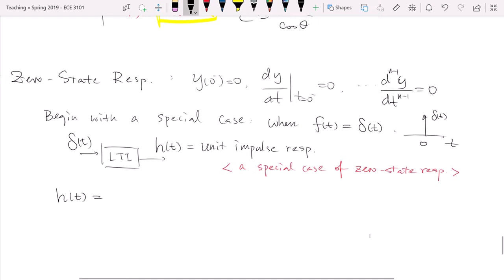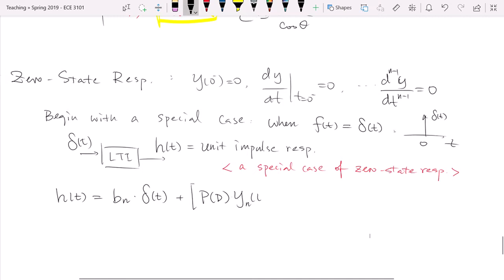Okay. h of t actually can be directly written in the following form. Bn times delta t. I'll first write down this and explain component by component to break it down. Plus P(D).